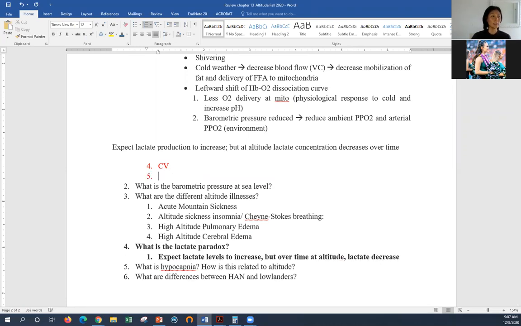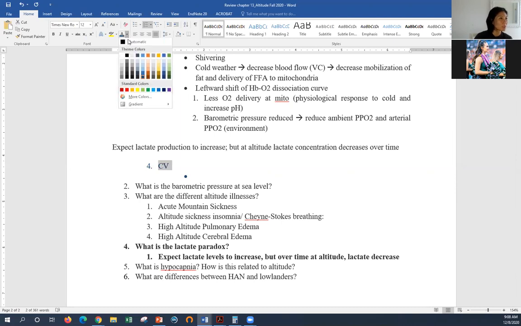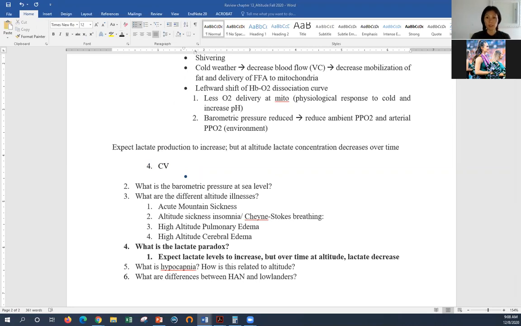So let's cover the cardiovascular adaptations, or the cardiovascular response to altitude. The first thing that's going to happen is our plasma volume drops. So why does our plasma volume drop?